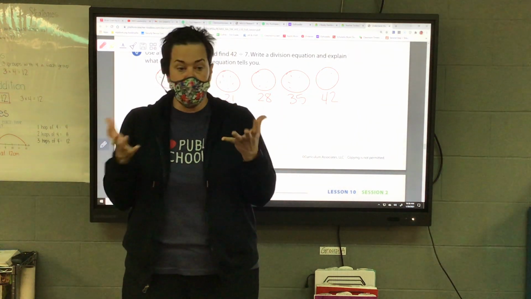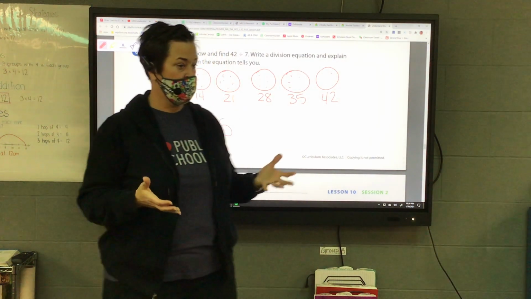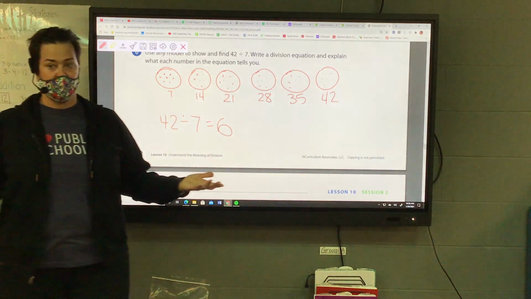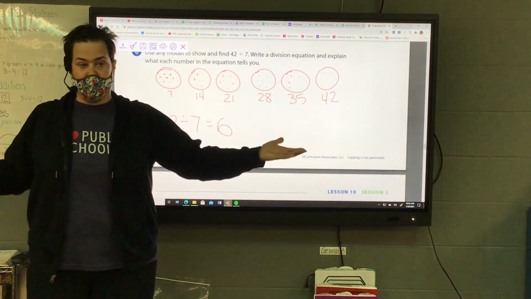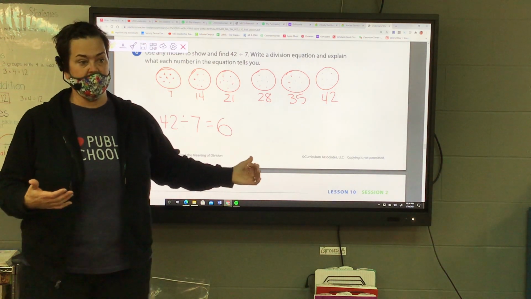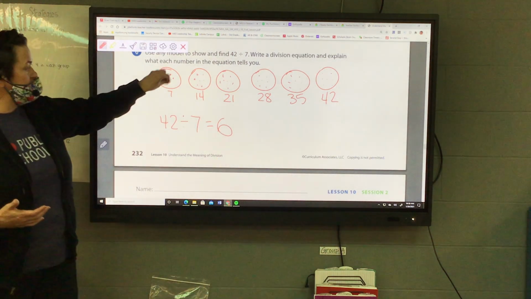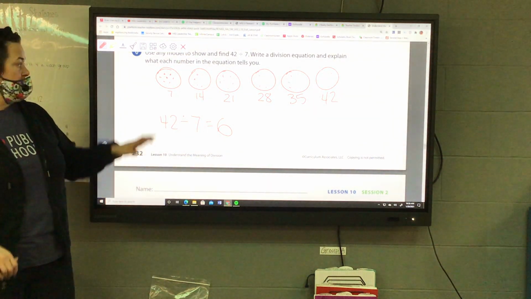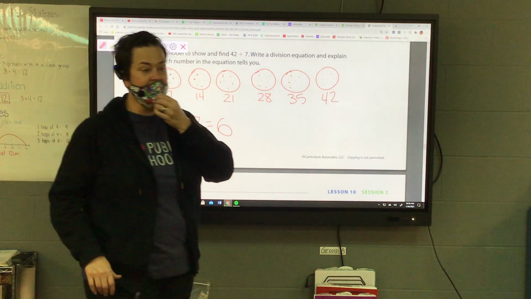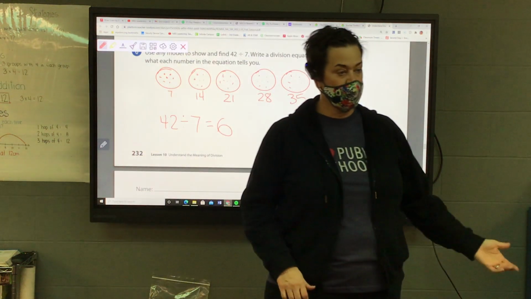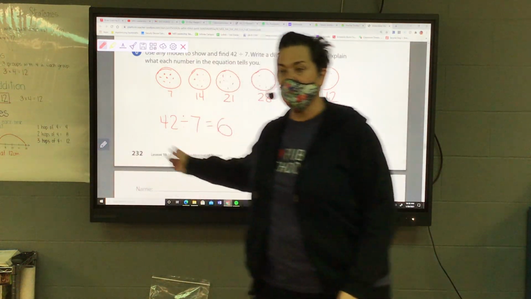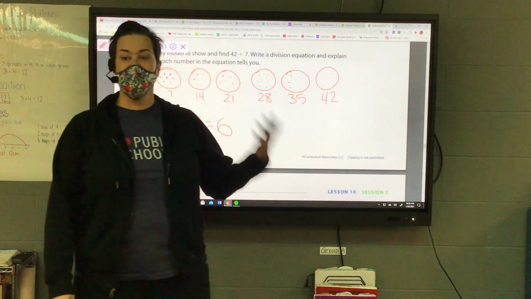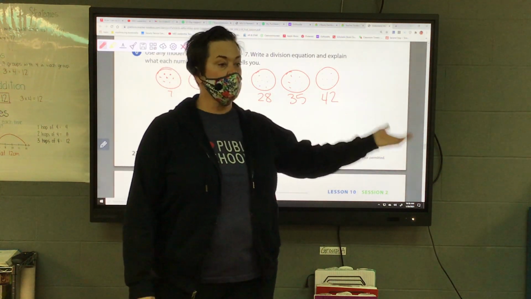What does 7 have to do with the problem? What did I do with those 7? You have to put them in a group. There are 7 in each group. What does 6 mean in this equation? There are 6 equal groups.